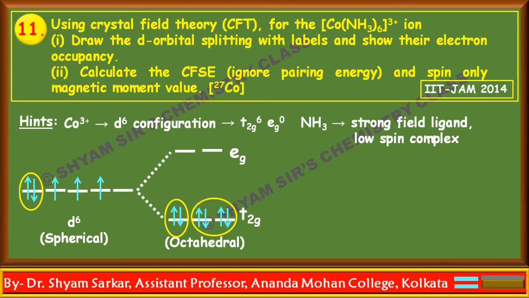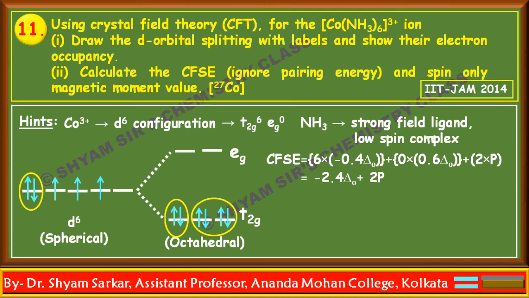Now if you calculate CFSE, CFSE is minus 2.4 delta O plus 2P. Okay, so if you consider pairing energy, then this is the real answer, that is minus 2.4 delta O plus 2P. But in the question they have just said ignore pairing energy. So if you ignore pairing energy, you will get CFSE as minus 2.4 delta O only.